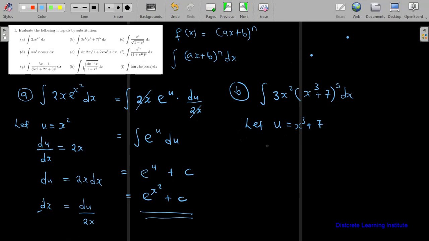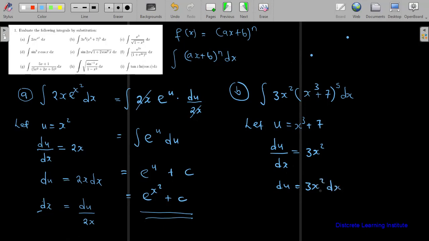So we follow the same steps. You find du/dx. The steps don't change. The derivative of x to the power 3 is 3x squared. So that's my du/dx. And then you make dx the subject of the formula in a similar manner. You cross multiply: du is equal to 3x squared dx.